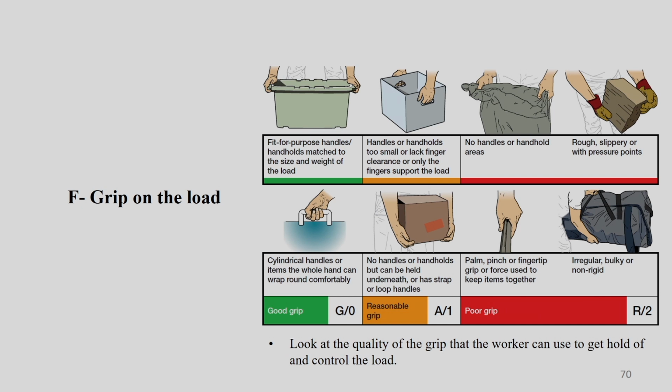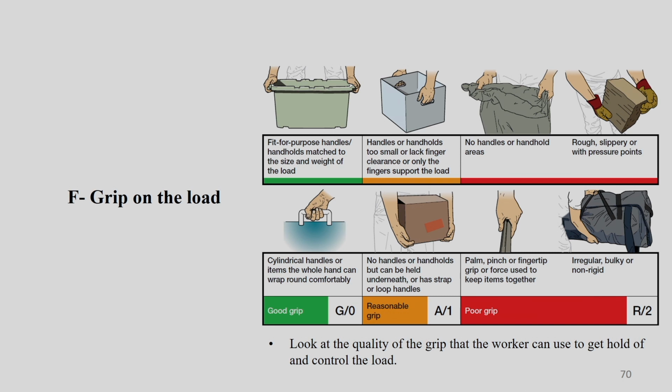First is how they are holding it and how they are controlling it from falling. If you are holding something and all of a sudden, due to disbalance, it is going away, you have to hold it, you have to control it. So, these factors you have to take care of.